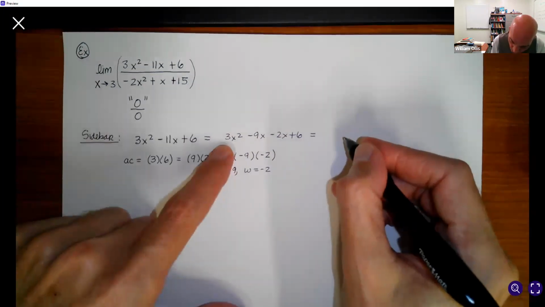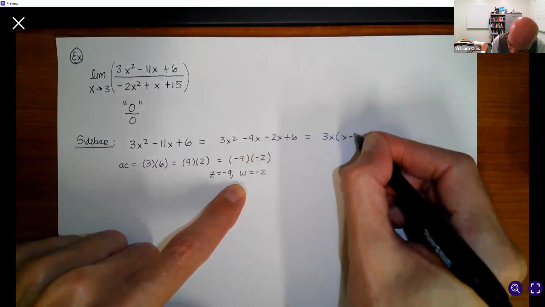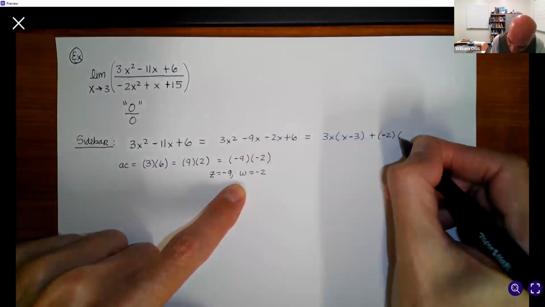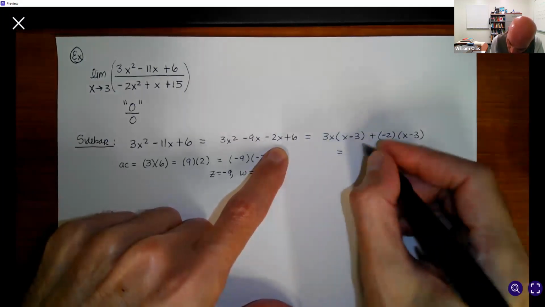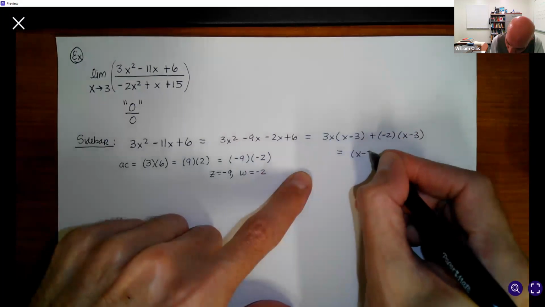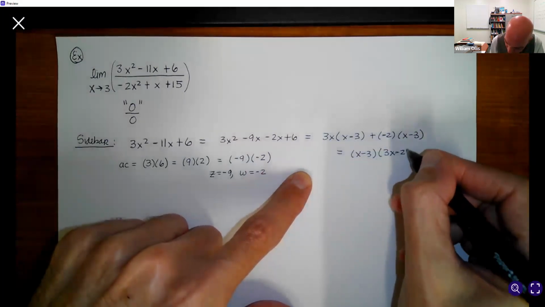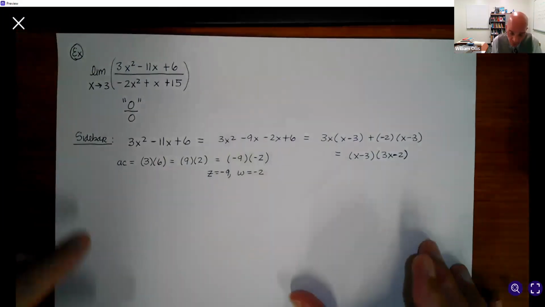And then, of course, factor by grouping. We have a 3x times x minus 3, plus a -2 times x minus 3. So this gives us x minus 3 times 3x minus 2. That gives you a factorization of the numerator.